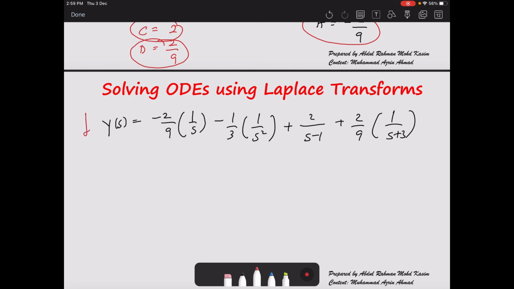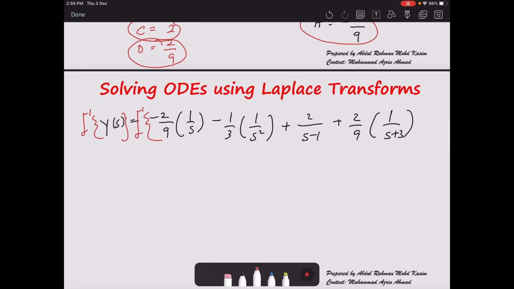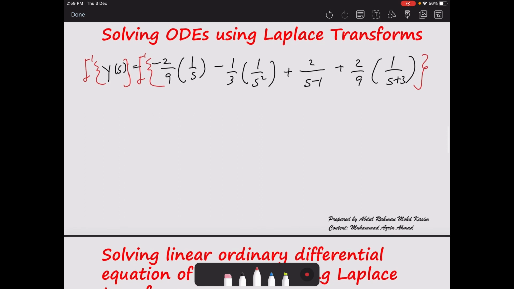For the first term on the left hand side, you will directly get y(t). Then for the right hand side terms, directly looking at the table, you will have negative 2 over 9, and for this one you will have negative 1 over 3 t for sure.